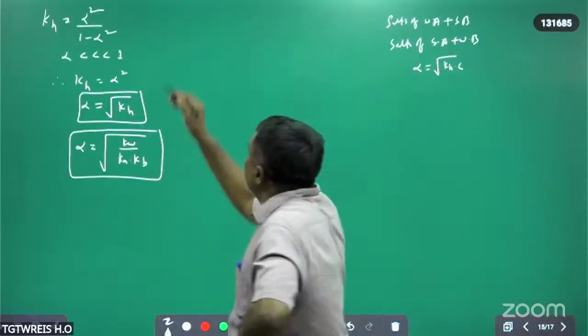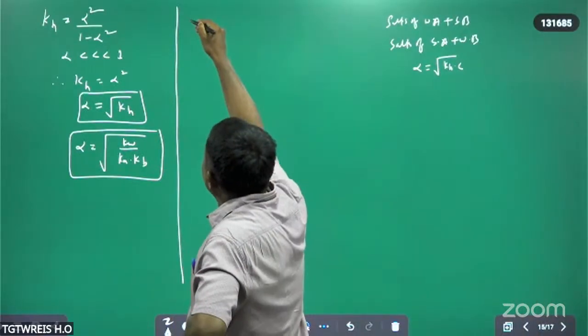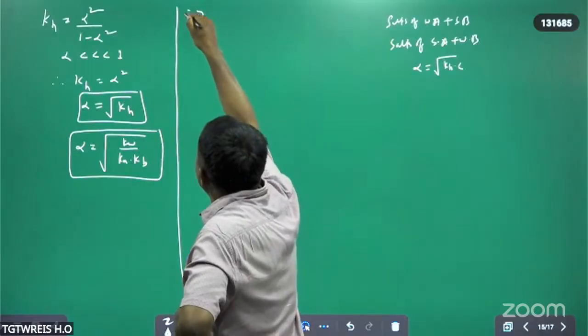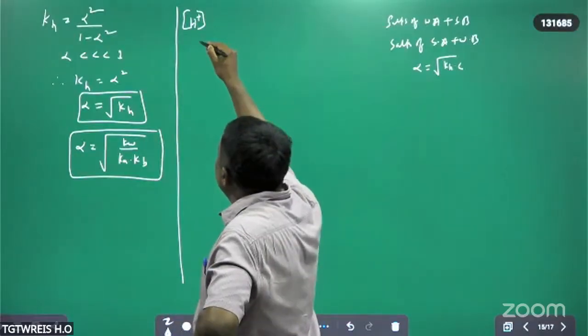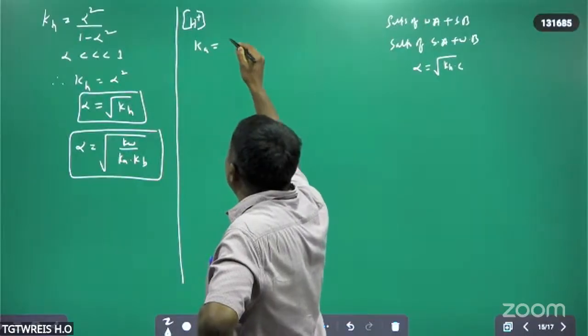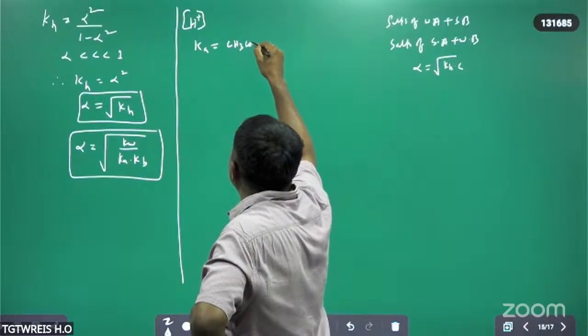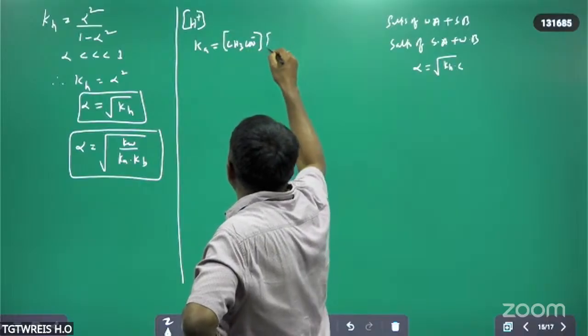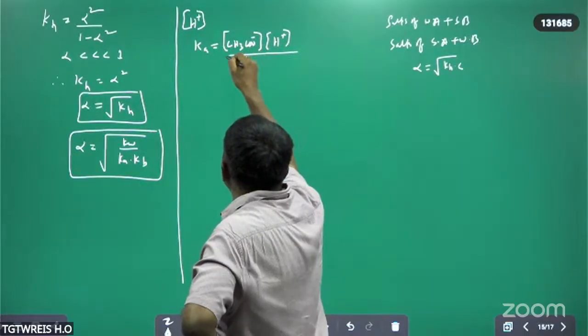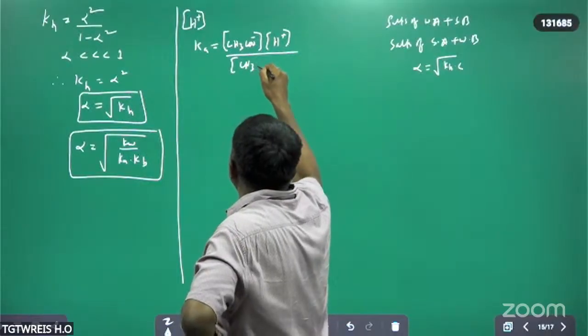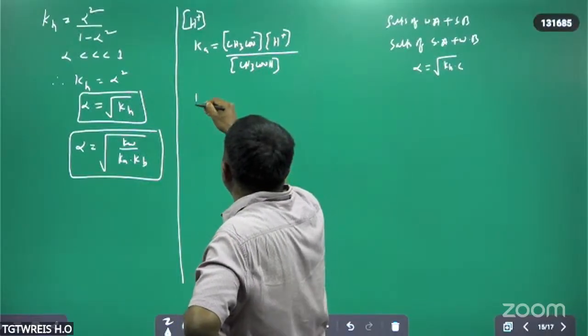So this is alpha. So how can we calculate the H plus ion concentration? Actually, Ka is equal to the acetate ion concentration into H plus by the acetic acid concentration.